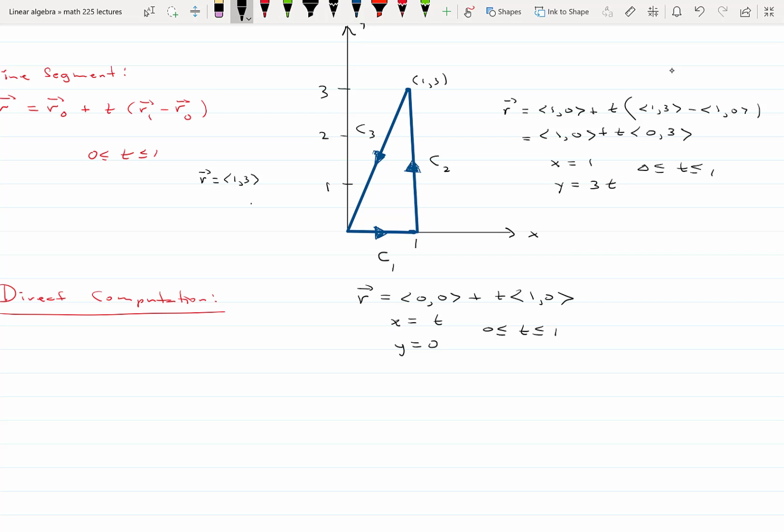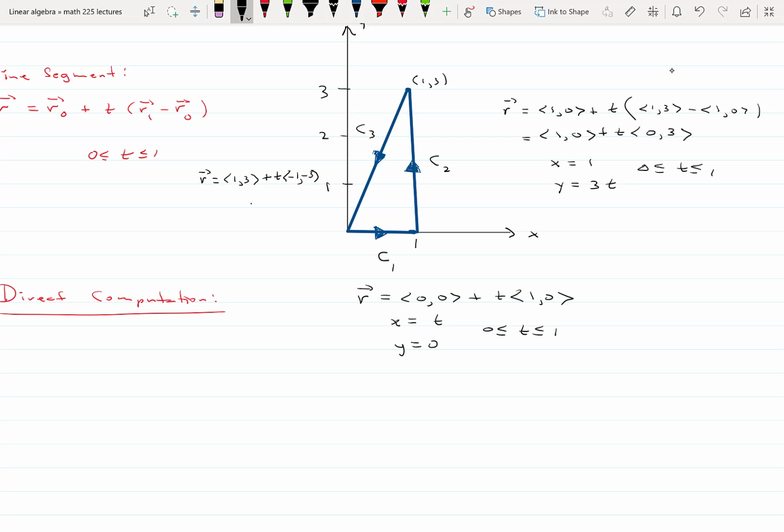And R1 is the origin, and R naught is (1, 3). So the origin as a vector, (0, 0) minus (1, 3), plus t times (-1, -3).